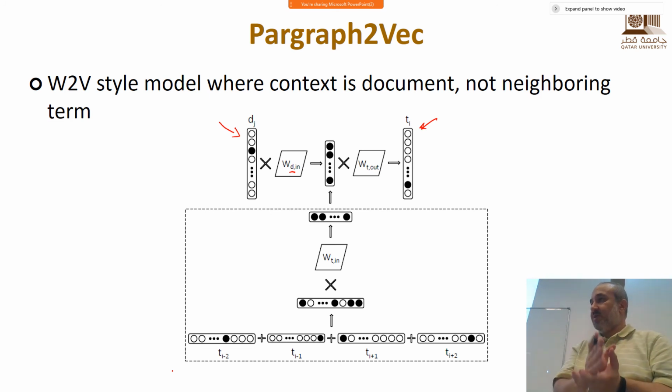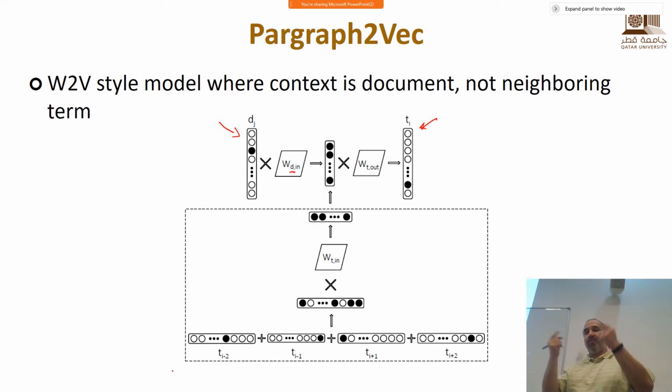The main idea here is to learn not a representation for a term or for terms, but a representation for documents, for full documents or paragraphs or whatever the unit that we are talking about. Here I predict one term that appeared in that document, and of course, I will repeat that for every term.